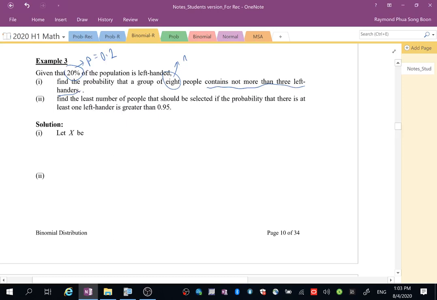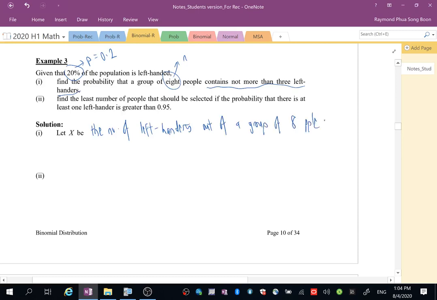The first thing we will have to do is define your random variable x. So we let x be the number of left-handers out of a group of 8 people.